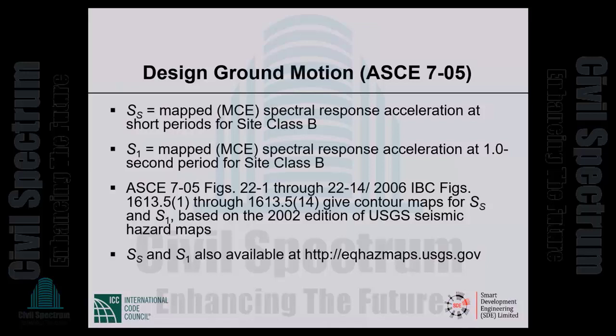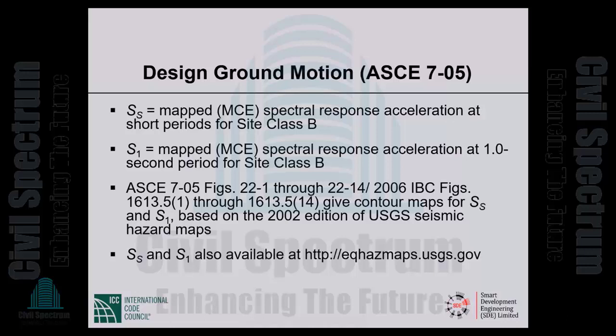Now, the all important quantities S sub DS and S sub D1, which would define the design spectrum of AC705, are not given directly any place in AC705 or IBC or anywhere else.